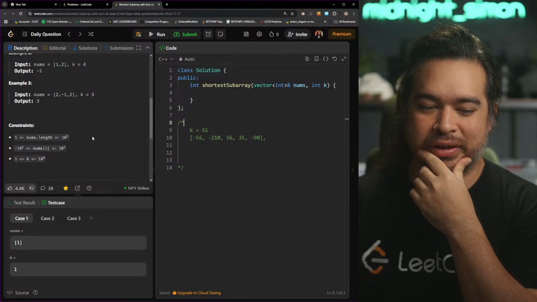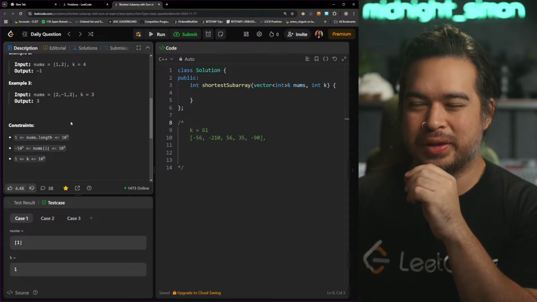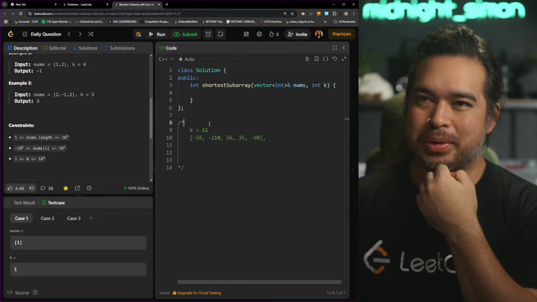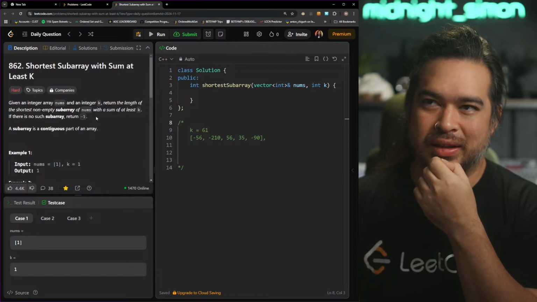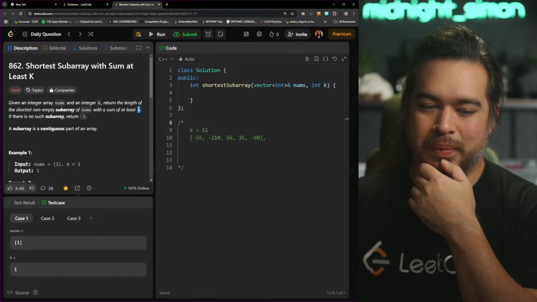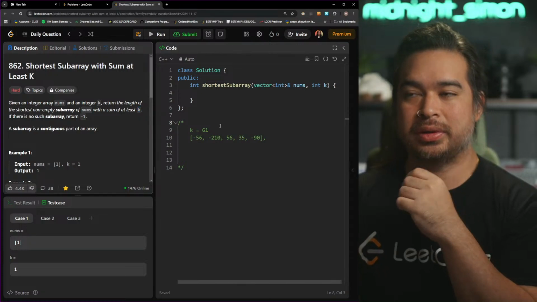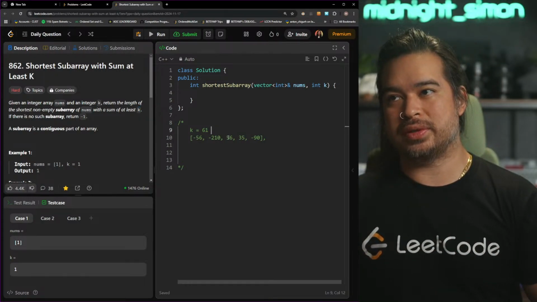I wonder if it is... Alright, I'm thinking of some type of two-sum where we're looking for a target, but then since it's not a sum that is equal to k, it makes it feel a little bit more difficult. But I suppose it is still possible. Alright, let me think about a two-sum type of situation where... No. No.